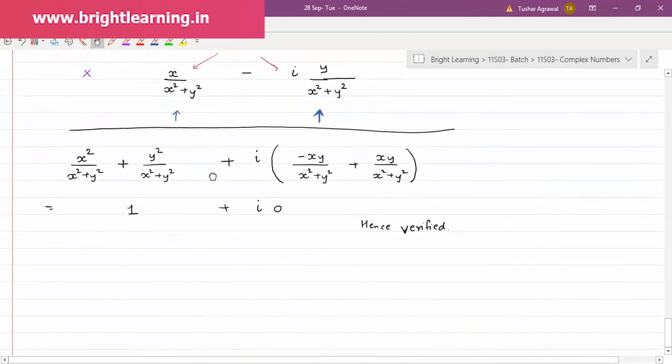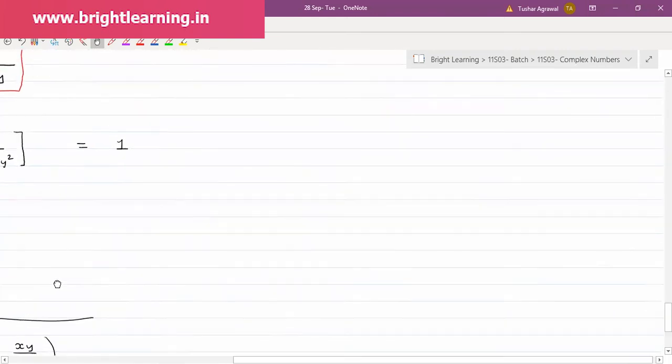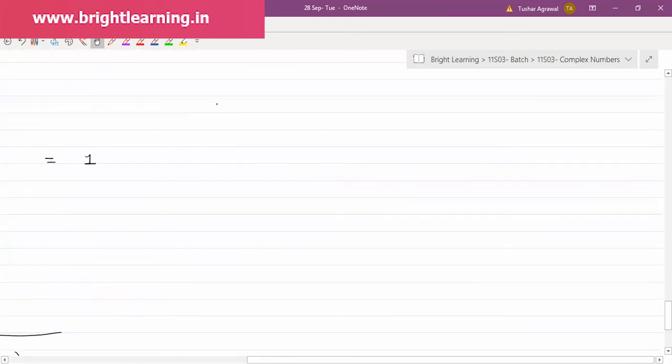I will just tell you the trick. Roughly, the multiplicative inverse of z1. Symbolically it is 1 horizontal line x plus iy.